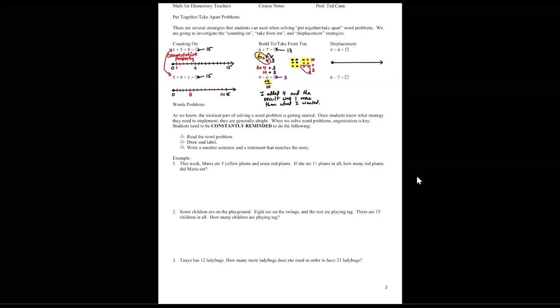So the main focus of the question is kind of like the count on approach, where I'm saying, all right, 6 plus something is going to get me to a 4. Well, we're going to figure out what that something is. So what I would do is say, all right, 1, 2, 3, 4, 5, 6. All right, so that accounts for this guy.